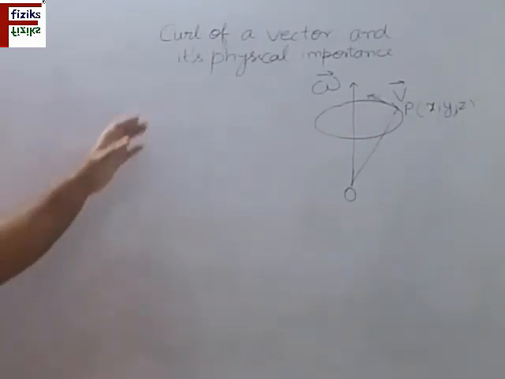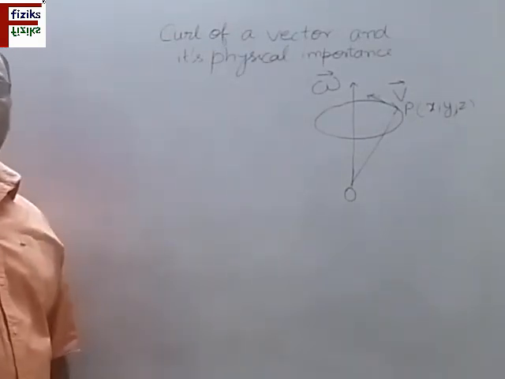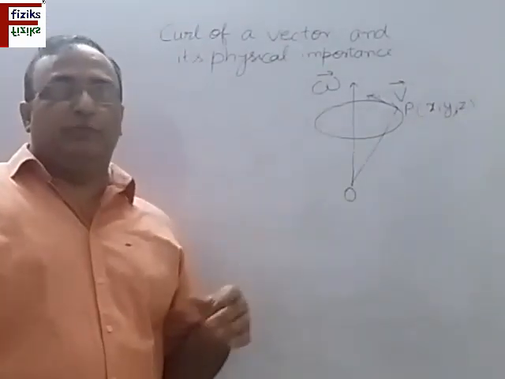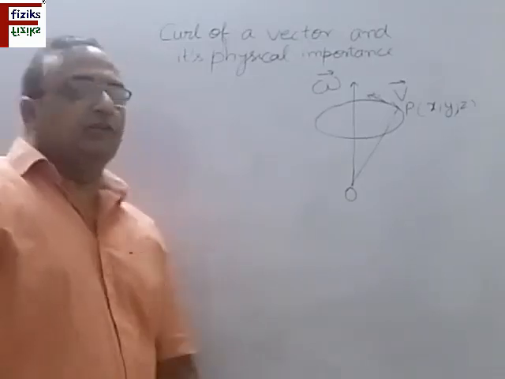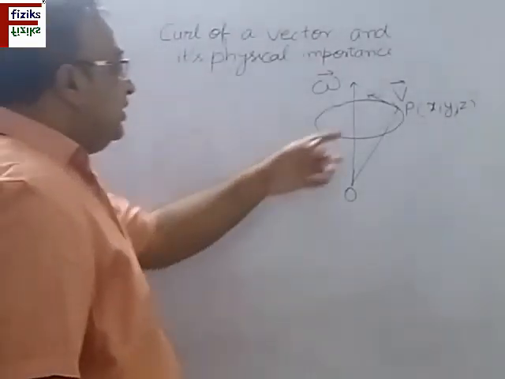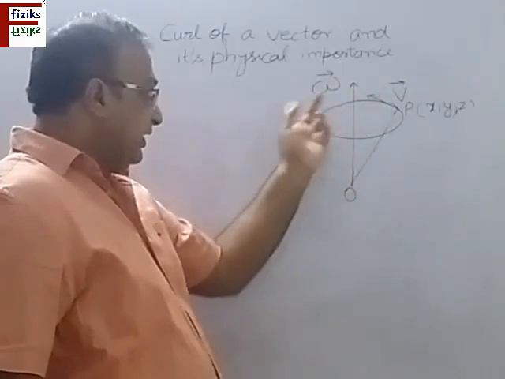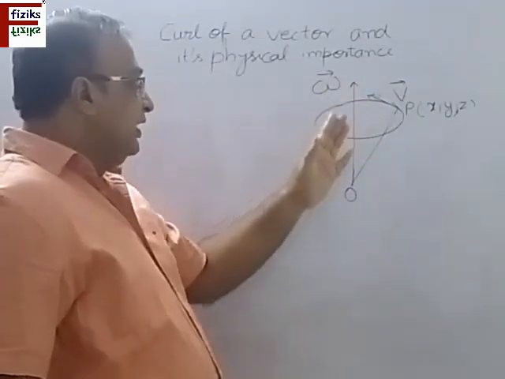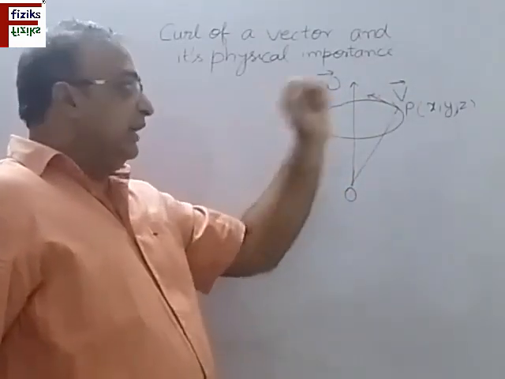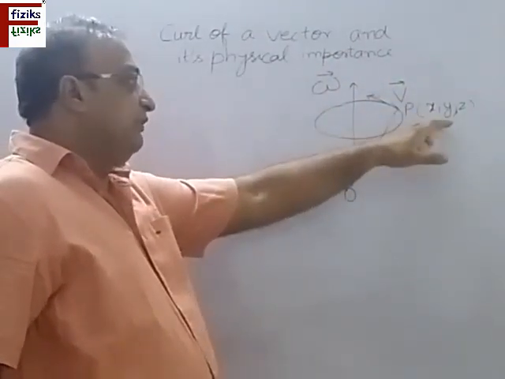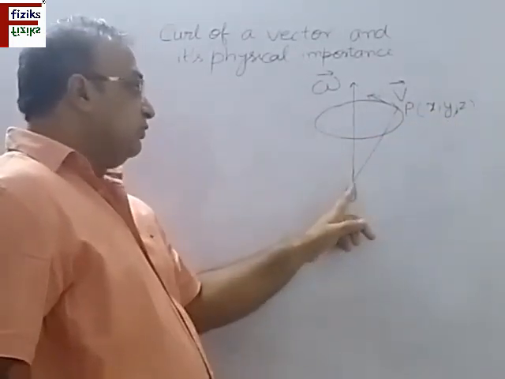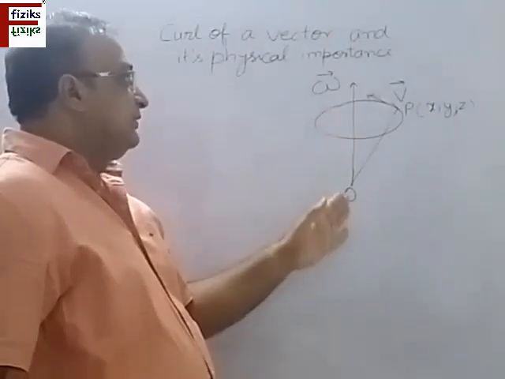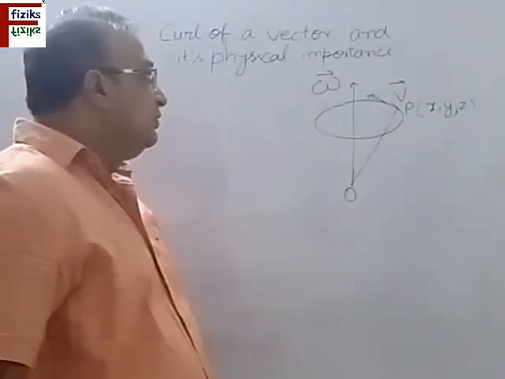Now let me explain the physical significance of curl. We have explained what curl is, now its physical significance, then we will discuss the rotational flow. Now suppose a particle is rotating along this circular path, and it has a velocity v at any time at any point P, which has coordinates x, y, z with respect to this origin or the fixed point O, which we have taken lying on the axis of this rotational path.